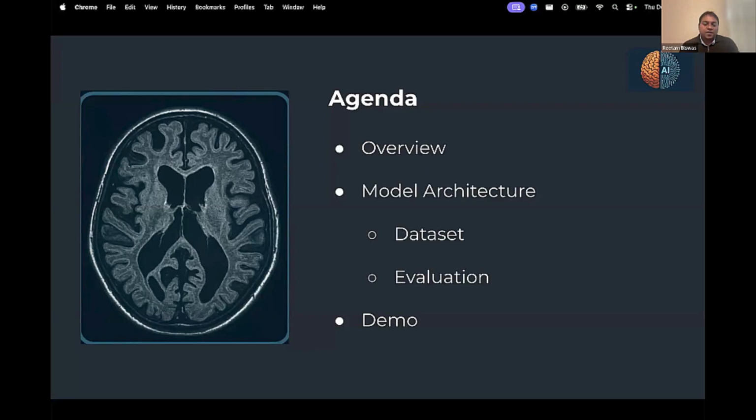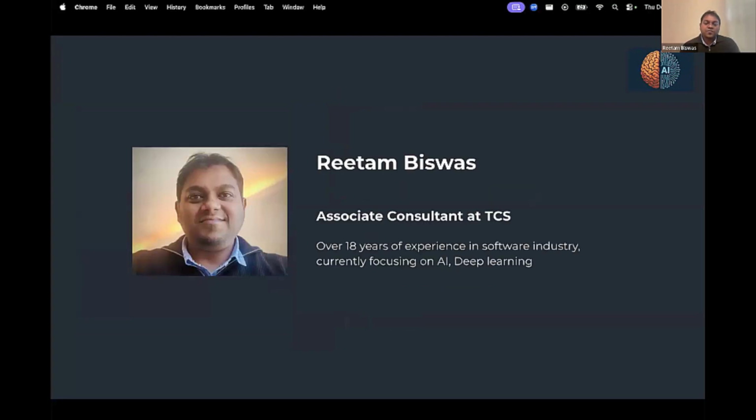And then finally, I'll show the demo of how we can utilize the model and use this overall architecture live.